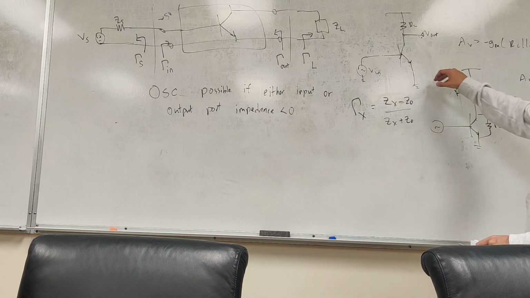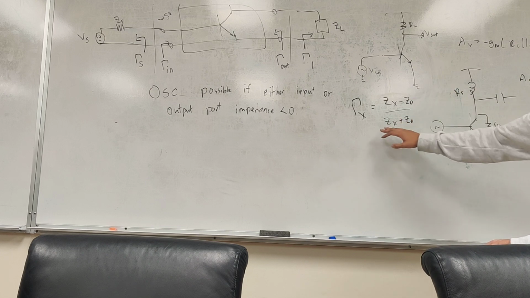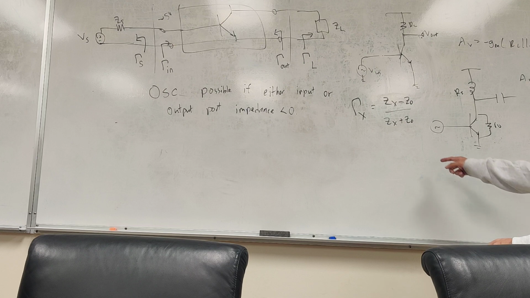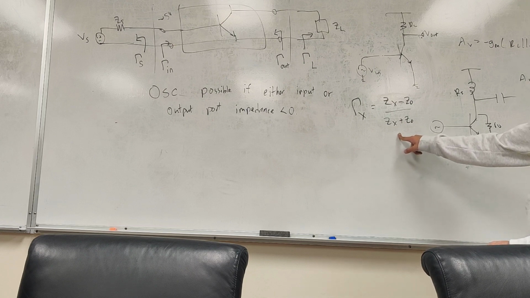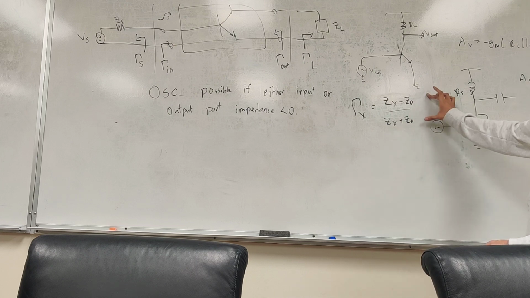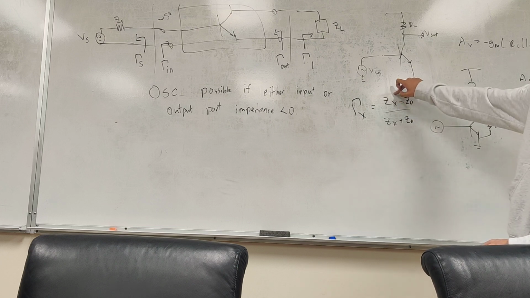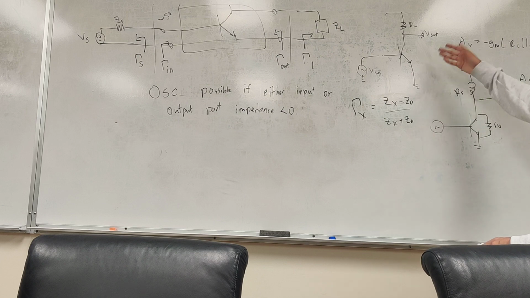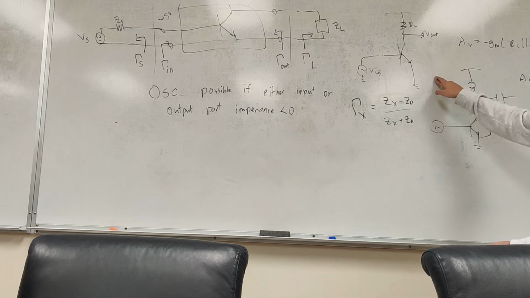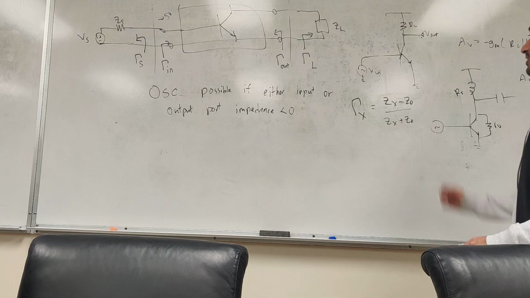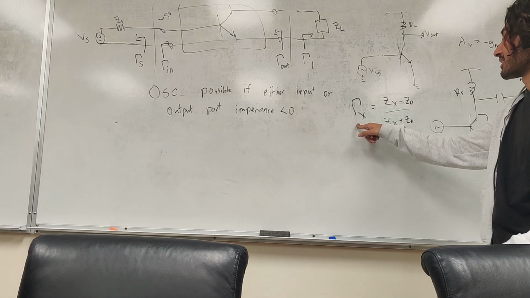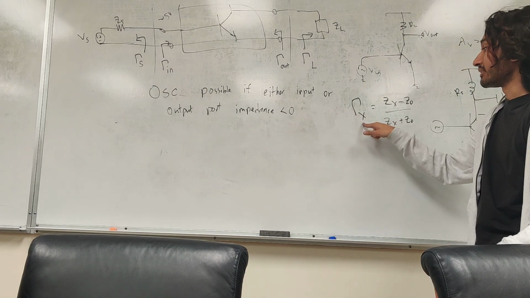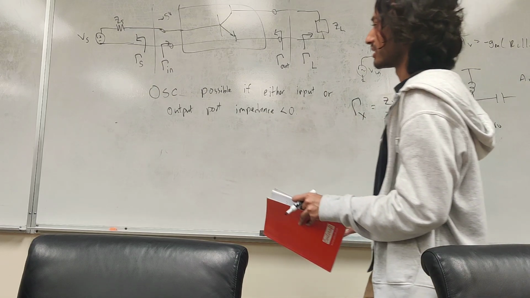Say it's like negative 60, so we get negative 110 over negative 10. Okay, well that's a bad example. Basically, the magnitude can go above 1 if this is a negative component, because you'll get a larger negative number, and the magnitude of a large negative number can be greater than 1. So for this magnitude to be greater than 1, this has to be negative, which means oscillation occurs if this is greater than 1.